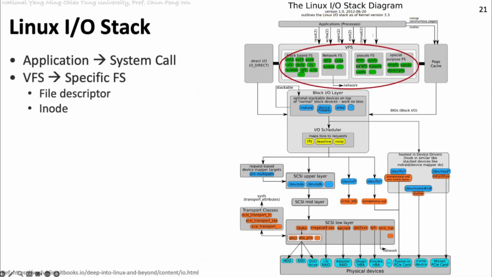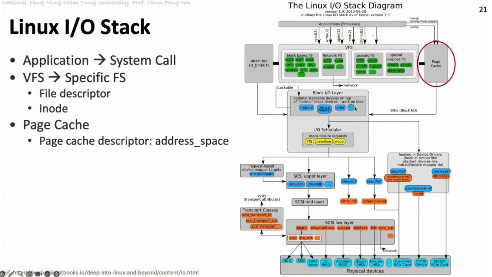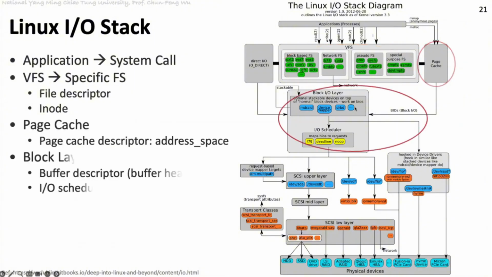And you can see VFS is connected with the page cache. And the page cache is connected to the block IO layer. This path is used when there is a page cache miss, then the page cache will interact with the block IO layer. Okay, so this is about the page cache. And then the block layer is about the descriptor for the buffer.